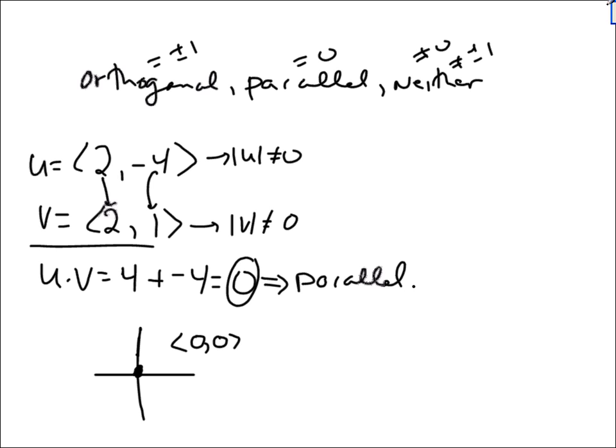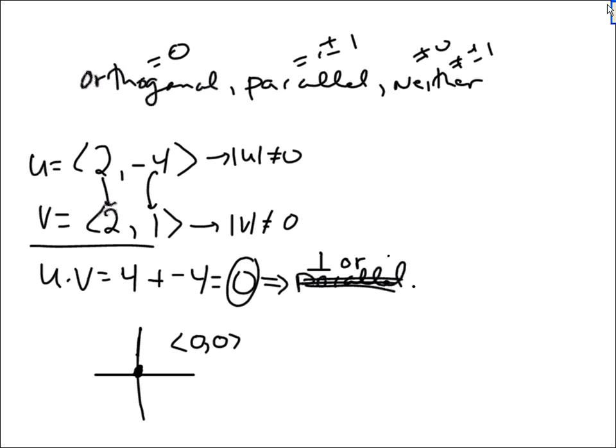Nope. I thought I did that. Not parallel. Oops, I have these backwards on top. It's perpendicular. I have the numbers on the top backwards. Sorry. For parallel, it should be plus or minus 1. For orthogonal, that means perpendicular, it should be 0.